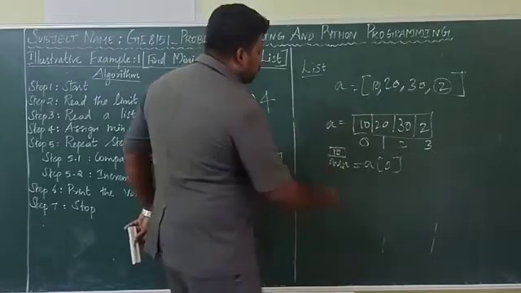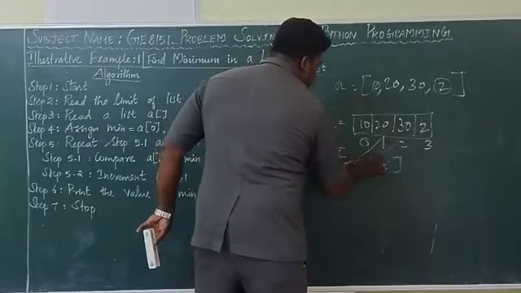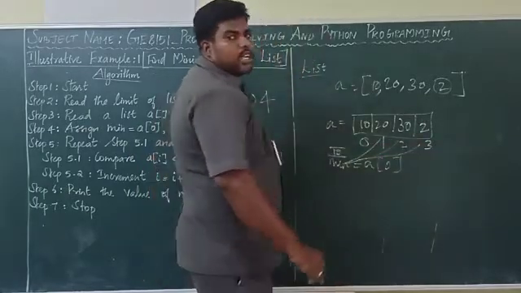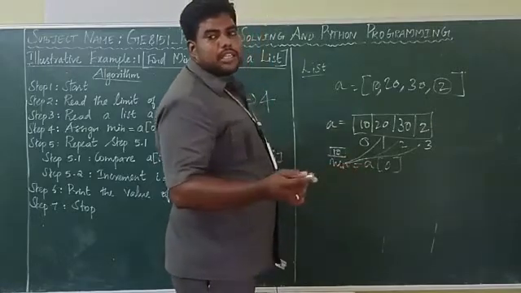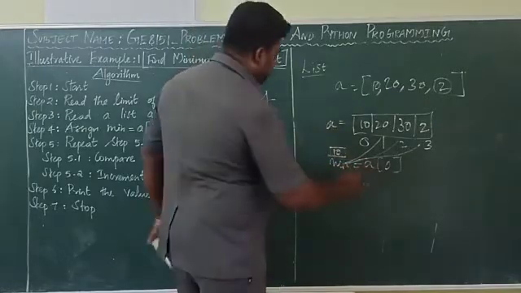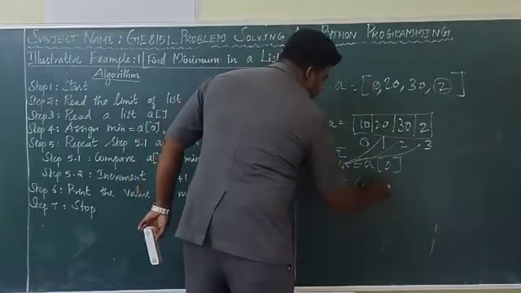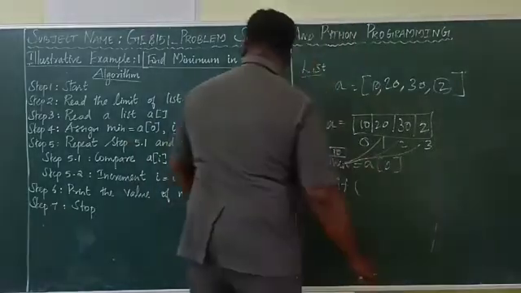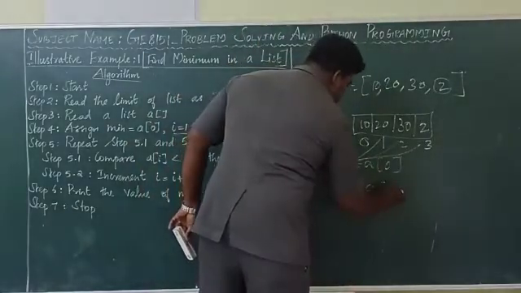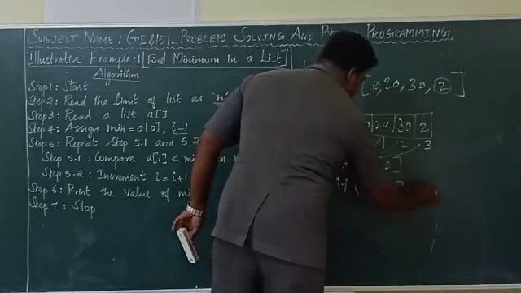Now you have to compare this minimum with each and every element in the list. So how will you compare? For that you have to use a conditional statement, otherwise called a selection statement. If a of 0 greater than min.